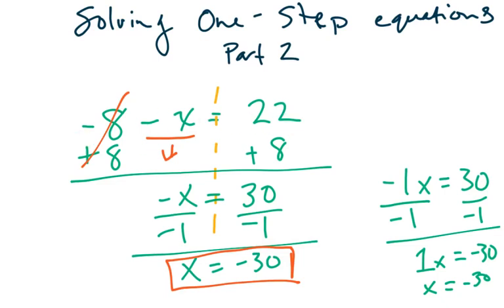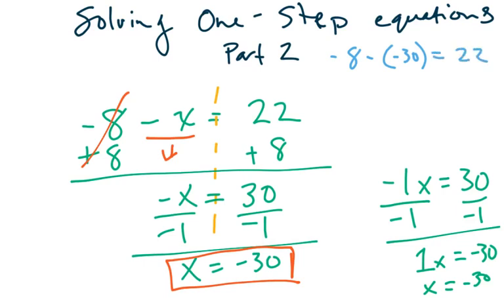Let's check our work. So I think that x is negative 30. I think I have room up here. So I'm going to write the original equation, negative 8 minus negative 30, okay, equals 22.